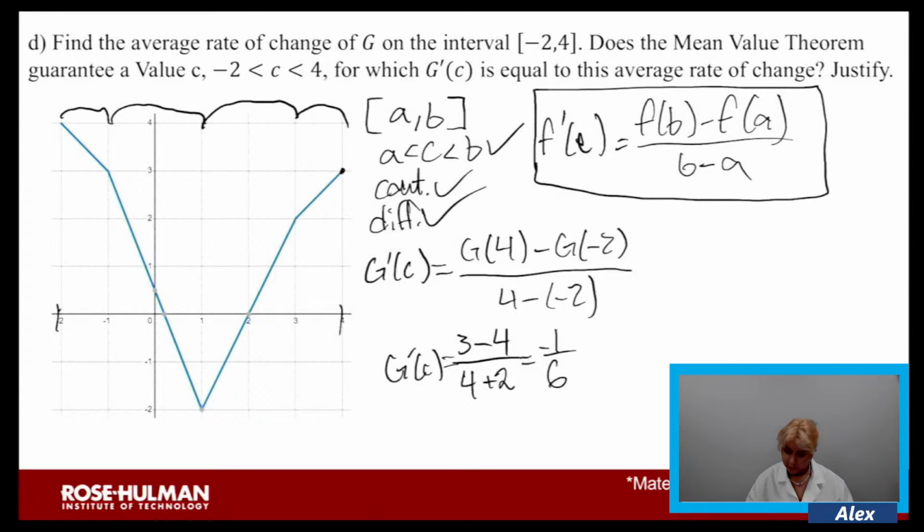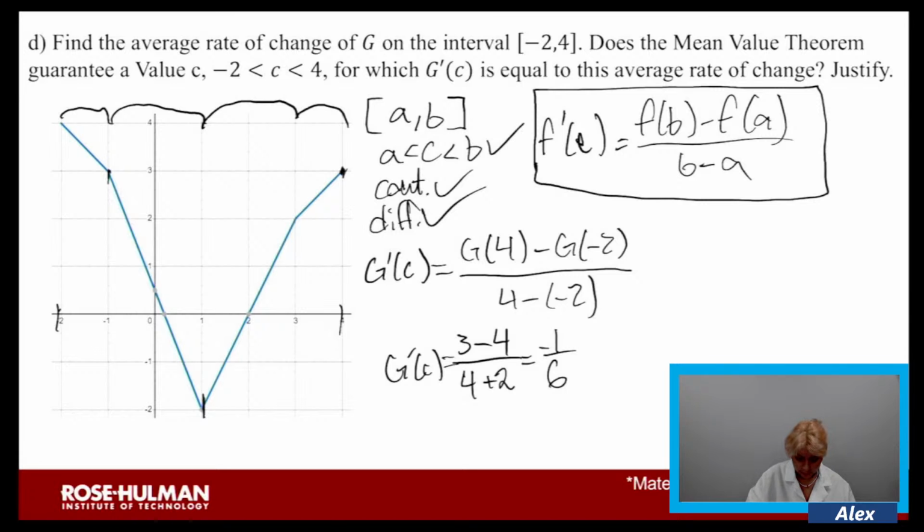Guarantee a value for which, okay. So they want us to know if this value is equal to the average rate of change. So if we take the average rate of change from here to here and the average rate of change from here to here, then we want to know if that's equal to -1/6.